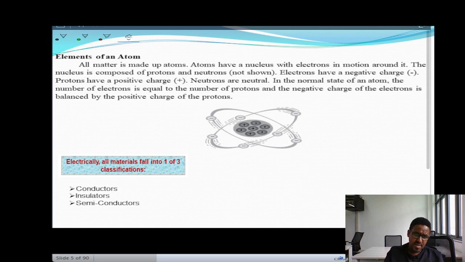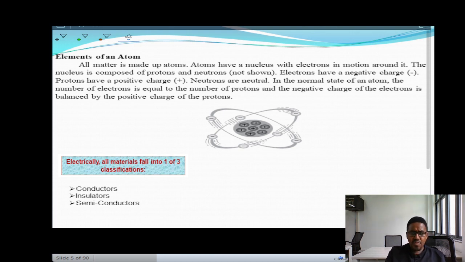The nucleus is the central part of an atom, composed of protons and neutrons. In general, an atom has three elements: electron, proton, and neutron. Electrons are negatively charged particles, protons are positively charged particles, and neutrons are neutral.